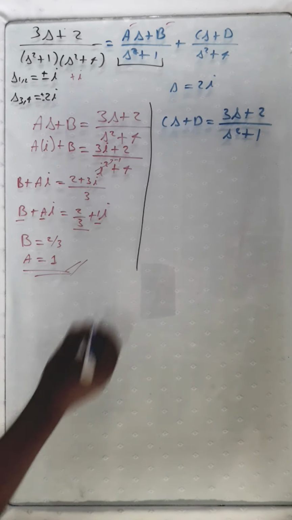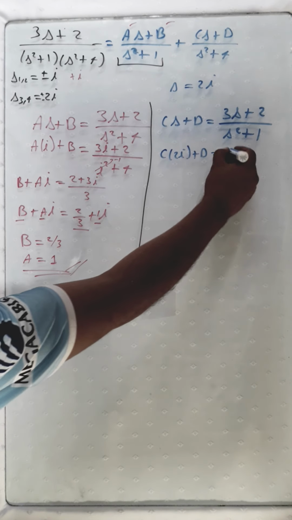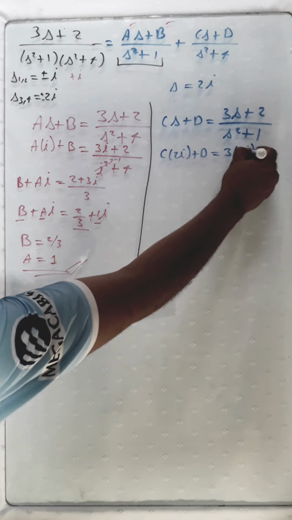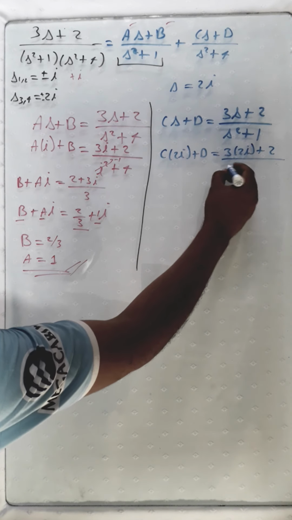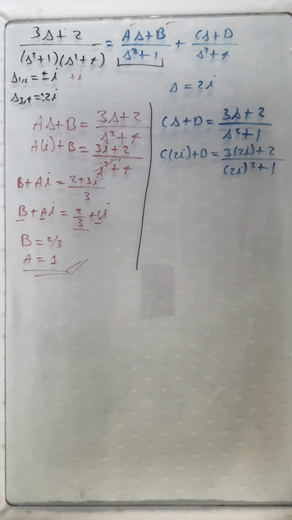Okay, so let's make the replacement. c times 2i plus d equals (3 times 2i plus 2) divided by (2i squared plus 1). Okay, let's see what happens.